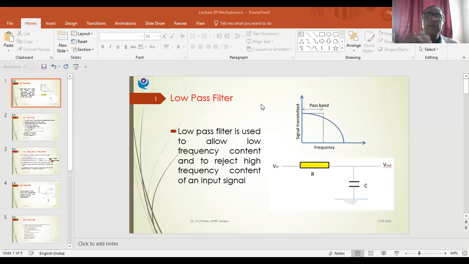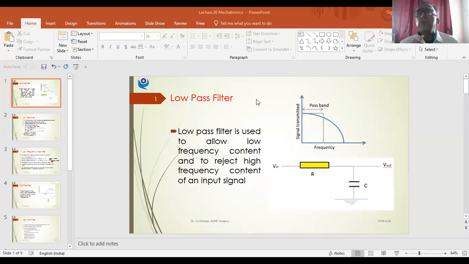So for these electronic filter circuits, we identified 4 types of filters: low frequency pass filter, high frequency pass filter, then band pass filter, and band reject filter. We will see each of these filters one by one. Now I request you to pull one piece of paper, take a pen or pencil with you.